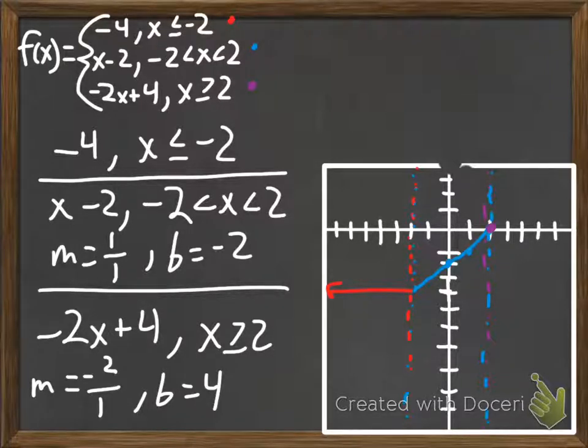So we go down 2, right 1 again, and one more for good measure. If this will work, there we go. And then we can draw our line from there. So altogether, that is our piecewise function.